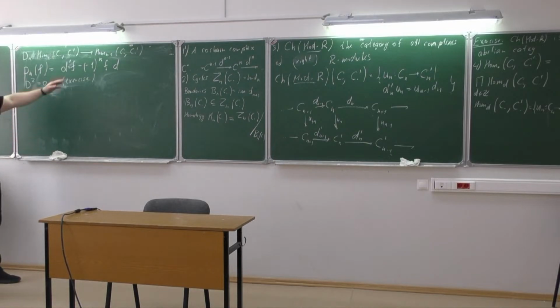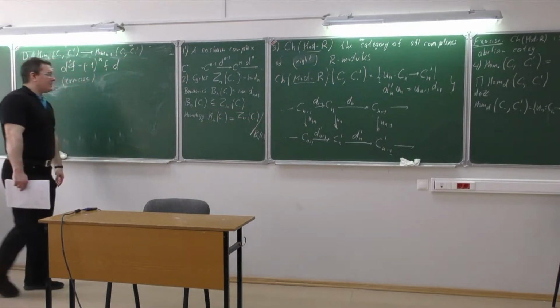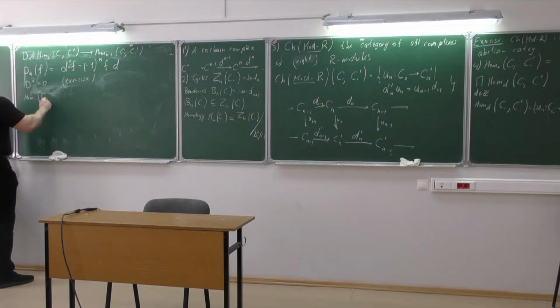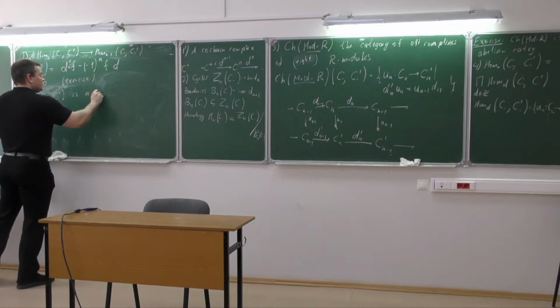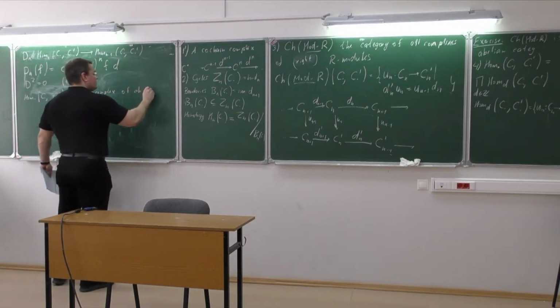So this f also potentially has an index. I just don't want to write another diagram like this, but it's of the same kind. So all these things together give us a complex of abelian groups.